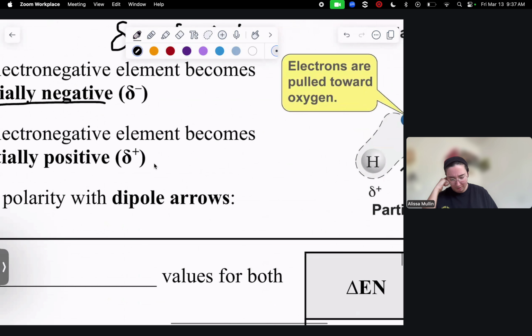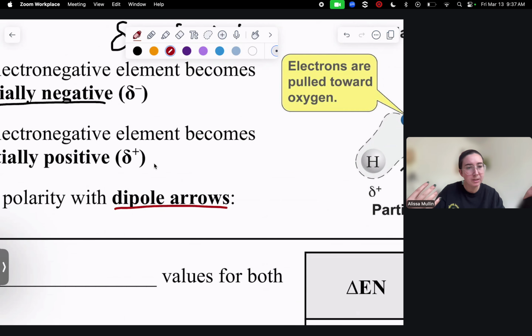The other way we label, I'm sorry, there's like no space here. You can put this somewhere else, like up on the top of the page if you need. But also, if I realize I have this weird difference where one thing is a little bit negative, I'm going to label that with these charges. And I'm also going to throw a dipole arrow on that.